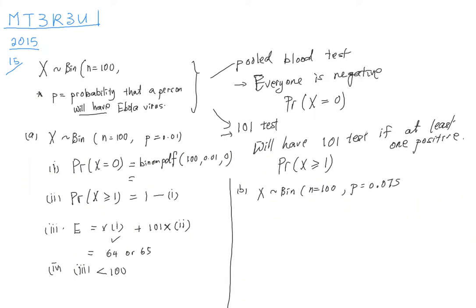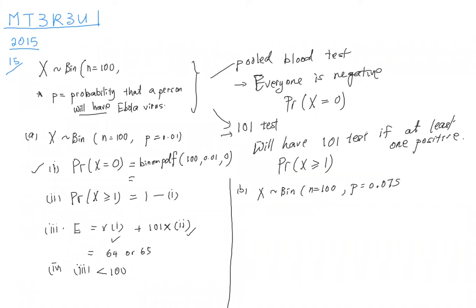Then they say pool blood test is not preferable to testing individual samples. The reason is that for this one, the probability of having a negative is very, very low, almost 0. So actually, it all goes to positive. So that's why the expected value is higher than 100.